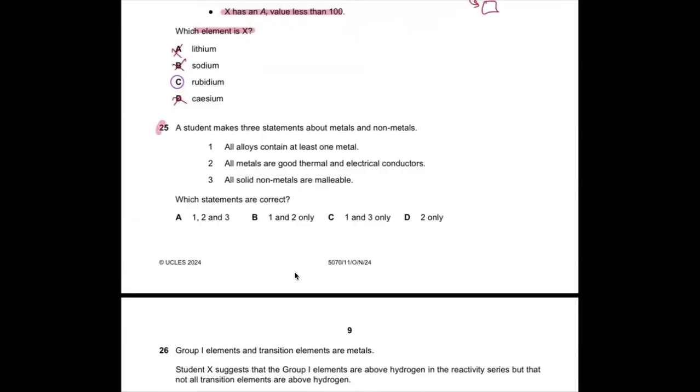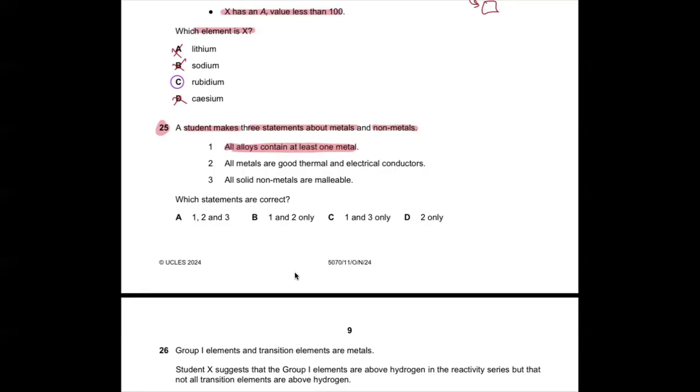MCQ number 25. A student makes 3 statements about the metals and the non-metals. All alloys contain at least one metal.